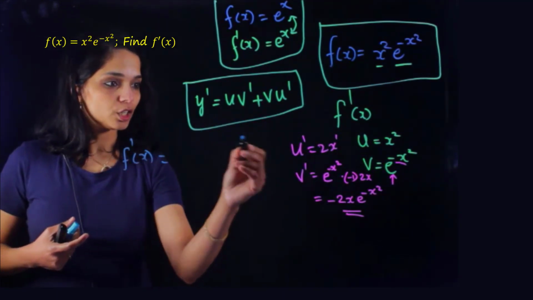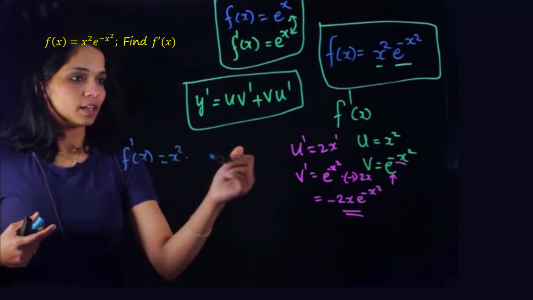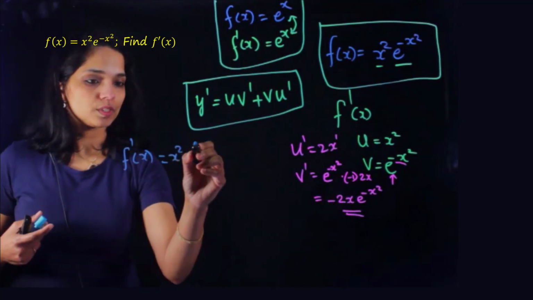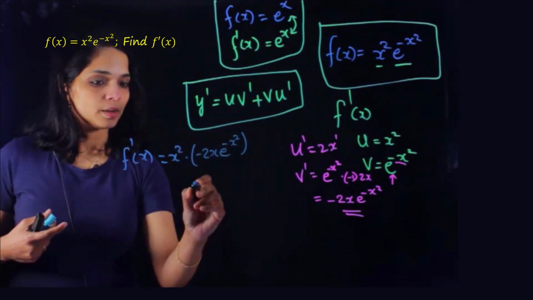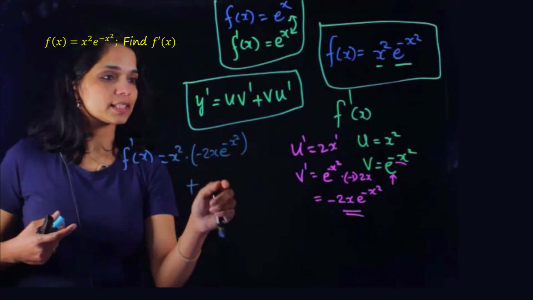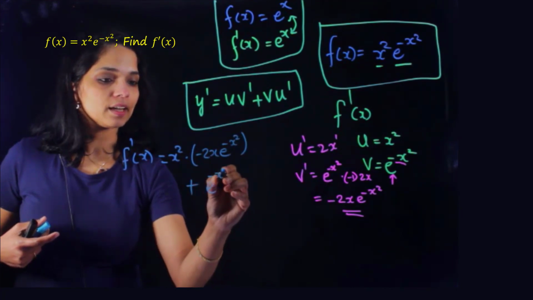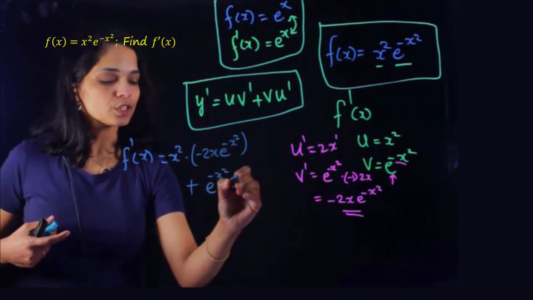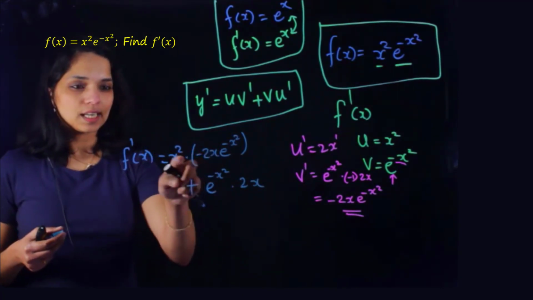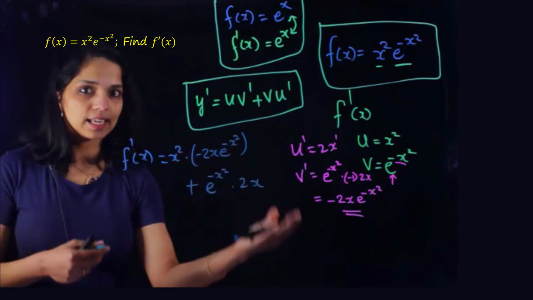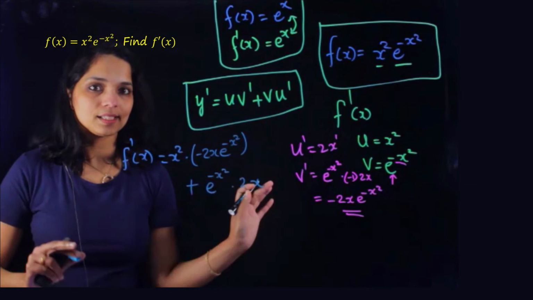So that equals u, which is x², times v', which is −2x e^(−x²), plus, writing on the next line, v, which is e^(−x²), times u', which is 2x. I'm just going to tidy up a little because it's a negative term, writing it as the second term. It doesn't matter whether you write it that way or not, just make it as neat as we can.